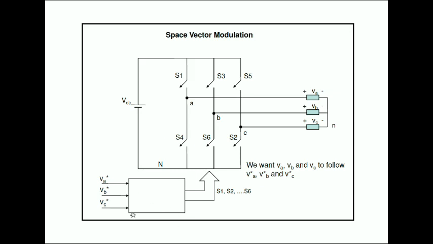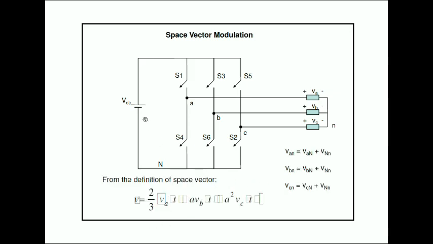By using this PWM converter with the references VA star, VB star, VC star, we produce the switching signals S1, S2, S3, up to S6, and we want to follow VA star, VB star, and VC star.